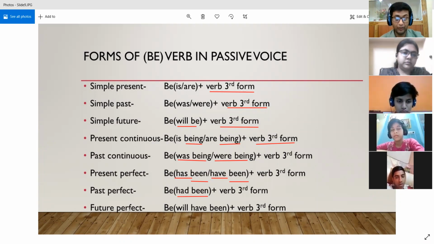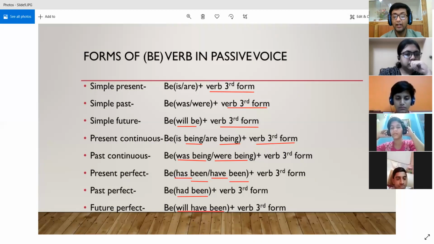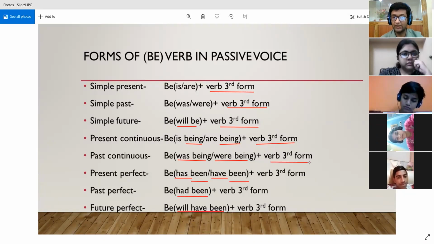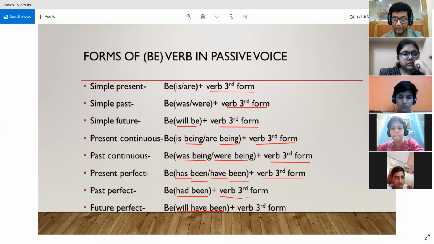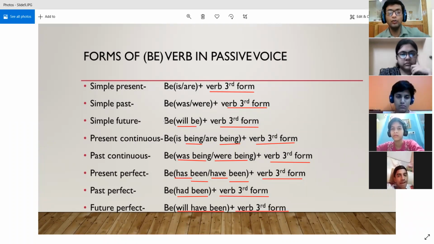And for the future perfect, we are going to use will have been, because we are talking about future. So we will use will and have been along with it. And if you see, in all the cases, the third form of the verb is a constant. It will never change. It will always be present in all the forms. So this is the general rule of the be verb that is followed when we convert each of the following tenses into passive voice. All right.